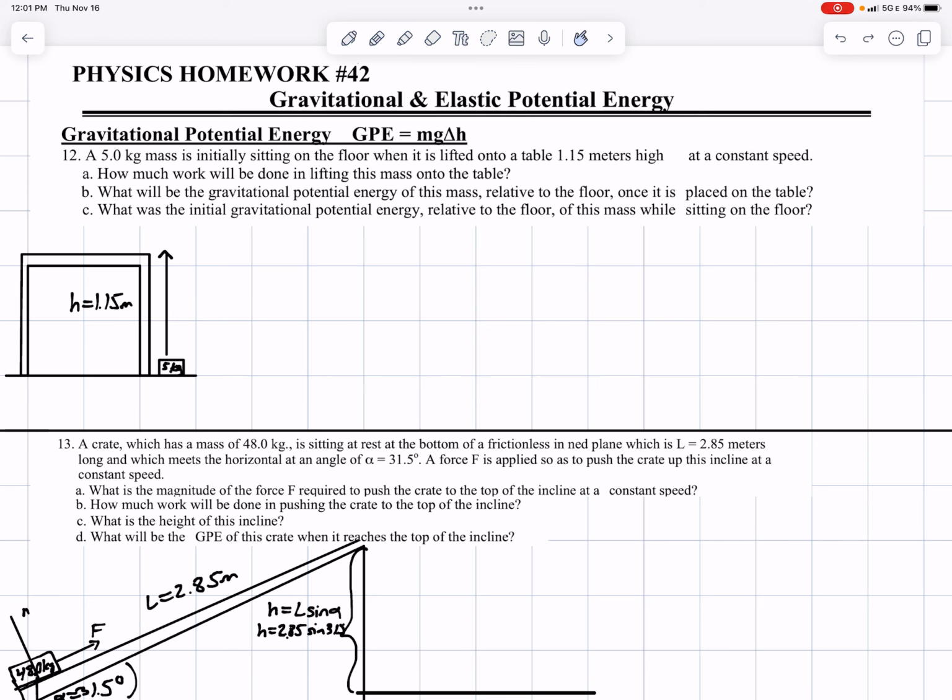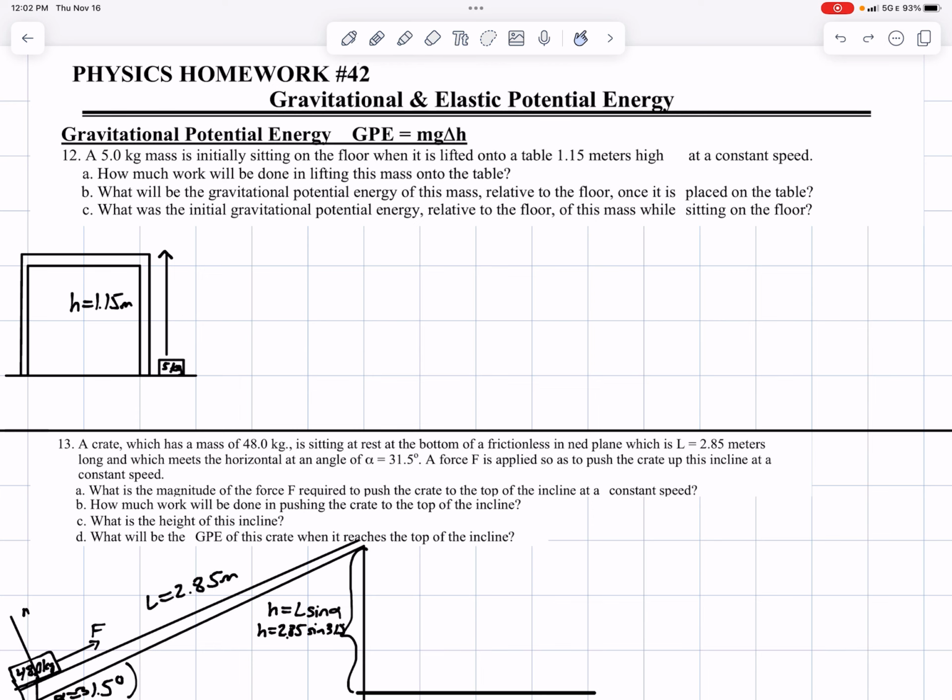Okay, so this question was kind of done in physics homework 41, but it was worded in a different way. Let's just say part A was found in physics homework number 41, and now parts B and C are the new development in how you connect work to potential energy.